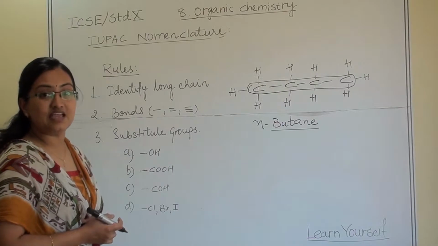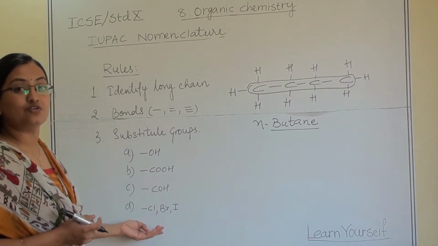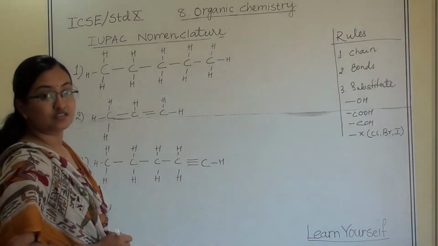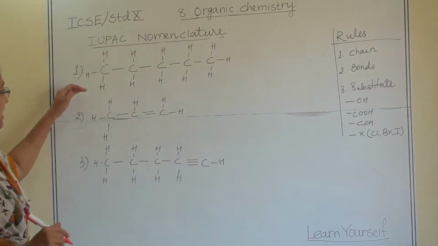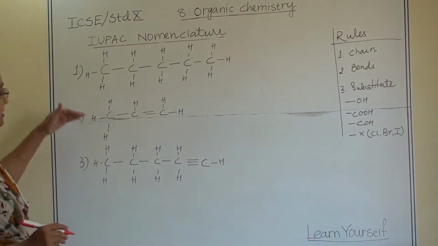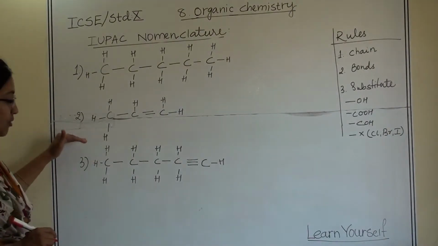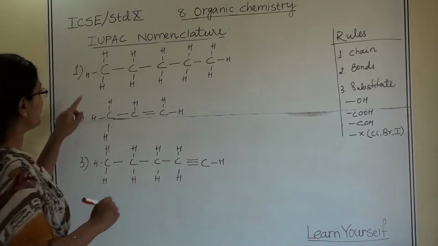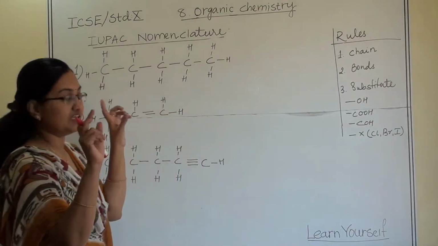So let us take some more examples based on all these groups and let us try to understand what these substituent groups are. I have taken three different examples. First one is for single bonded, second one is for double bonded and third one is for triple bonded. Let us see the first one. As per our rule, first we identify the chain.